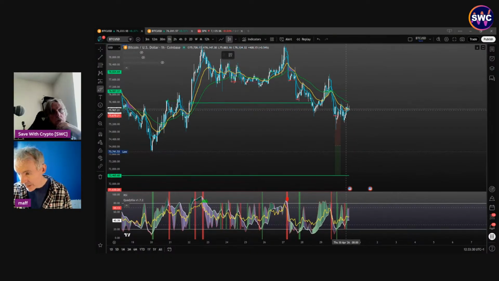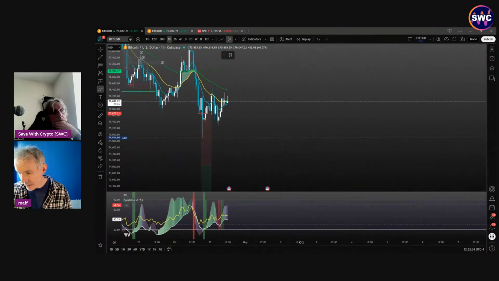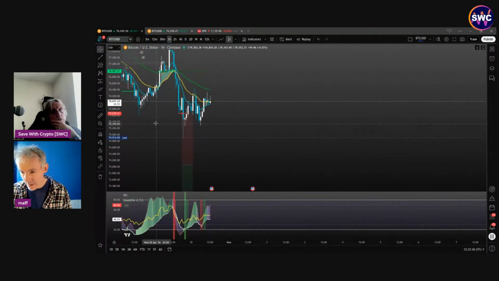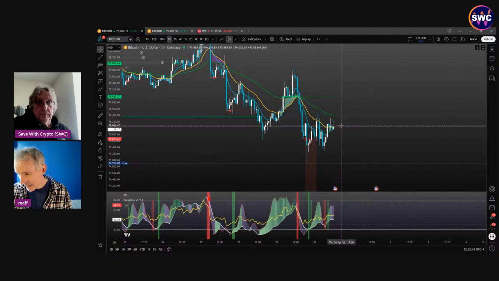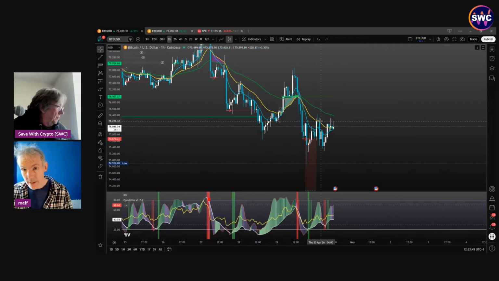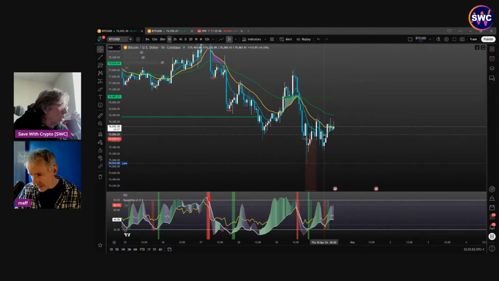Still on the 1 hour, we've got these EMAs, the 9 EMA, the cyan one, which is looking like it's going to come up and maybe cross above the 21, which would be nice. If it does that, then we could well expect to see some further movement to the upside.